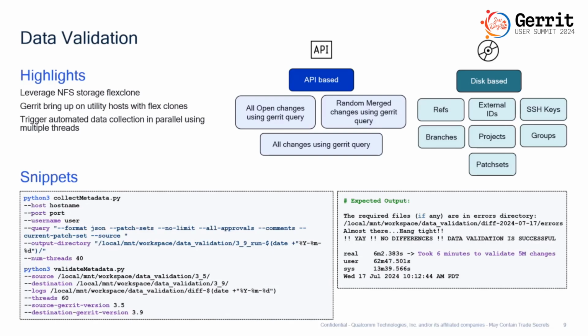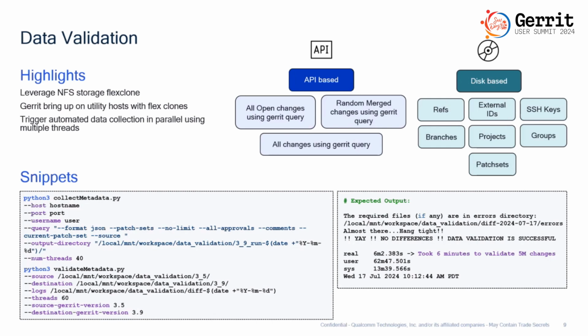Before starting the upgrade, we ensured that the required data is collected. Then we did the upgrade, and before the user starts using it, we validated the data in between. Some of the snippets are here. We developed a few tools, collect py and validation py. Before the upgrade we run the collection py, and after the upgrade we run the same script.